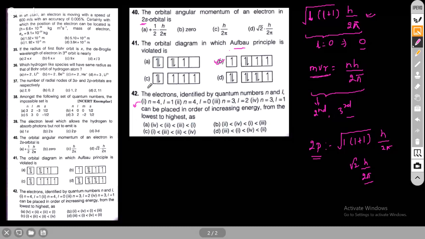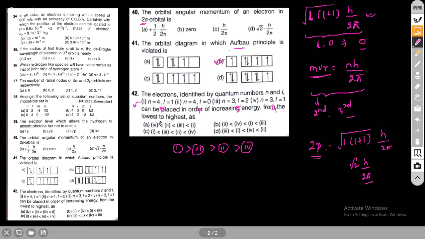First of all, we have to find out the increasing energy, so we'll just add n plus l. Here the first one is 5, here it is 4, 5, and 4. Equal n plus l value, then we'll check the n value. So the first one will be maximum, then the third, then the second, and then the fourth.